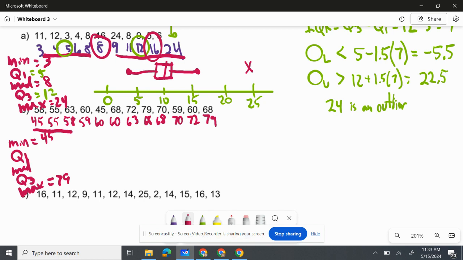We have an even number, so we count 6, and then we count 6. In between 60 and 63 would be 61.5. Then we find the middle of the first half of the data, which is 58.5, and the middle of the second half of the data, which is 69.